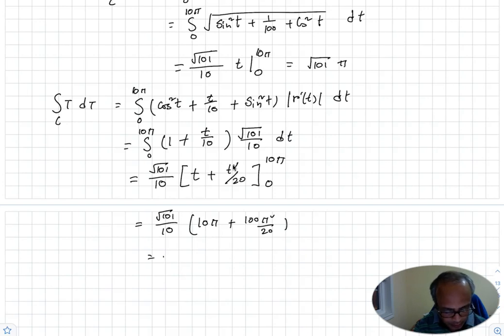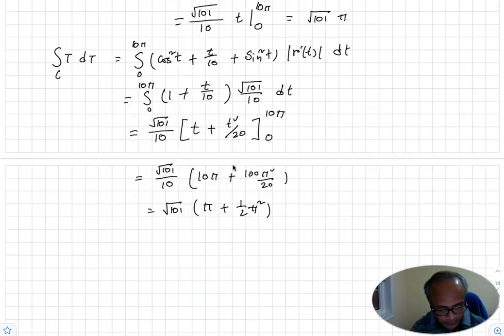So keep square root of 101 outside, and then take 1 by 10 inside. So it will be pi plus half pi square.